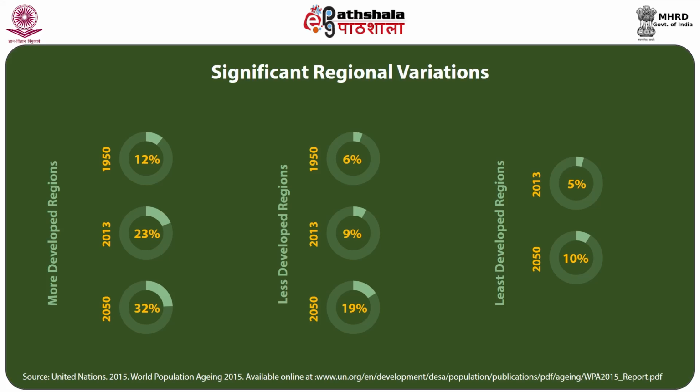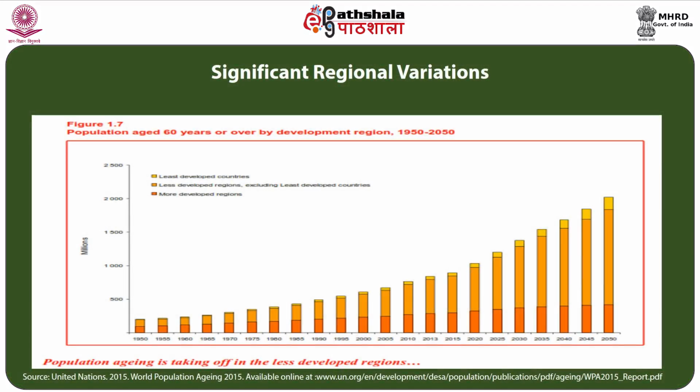So, the proportion of the population of 60 plus in the total population, and also over a period of time across the world and developed and less developed regions, is clearly indicated in the figure, which shows that there is a steady increase in the elderly population.